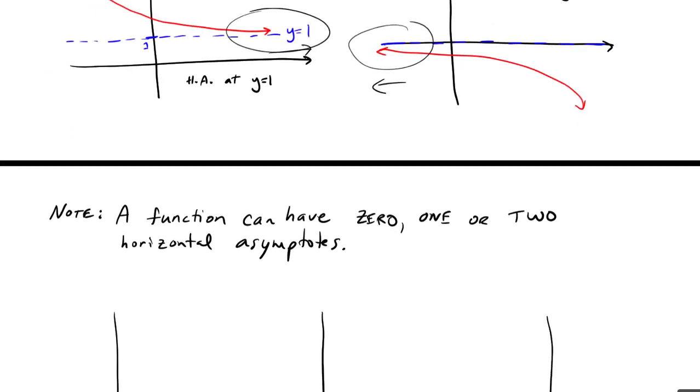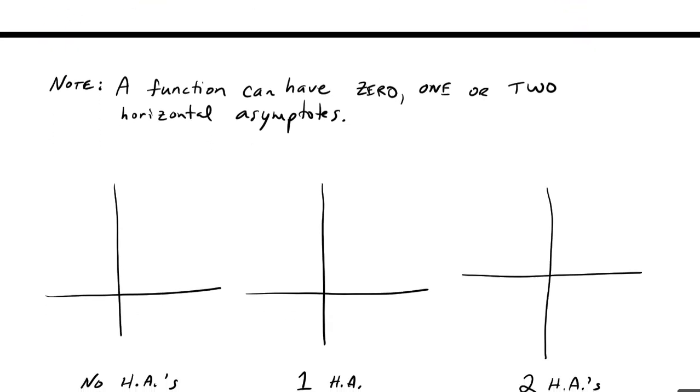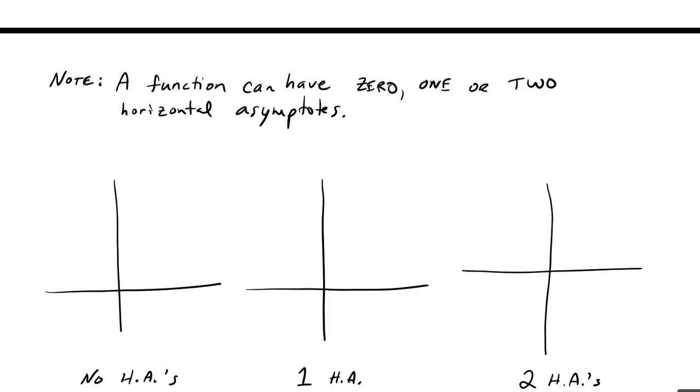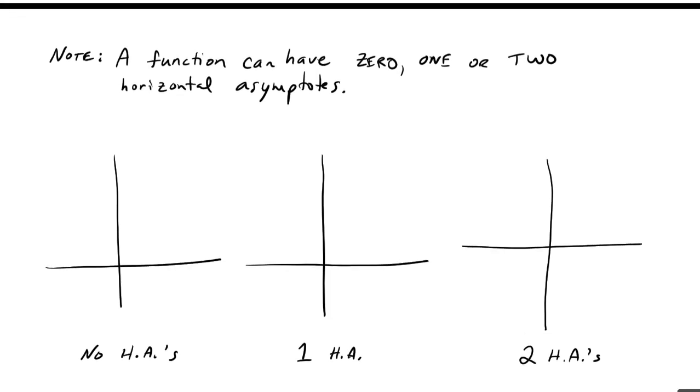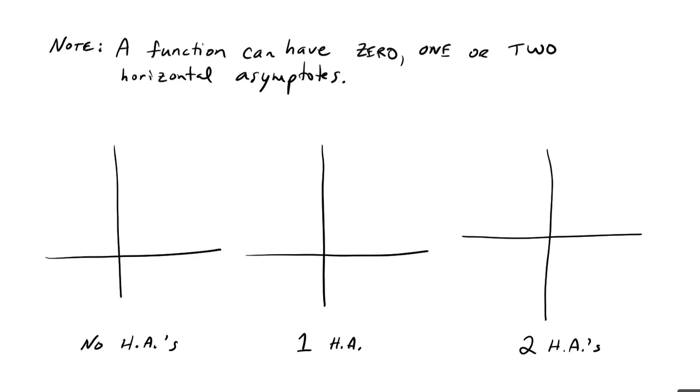Okay, so one interesting thing is how many horizontal asymptotes the graph of a function can have. Because with vertical asymptotes, you could have any number of vertical asymptotes: none, 1, 2, 3, 4, 5, infinite.